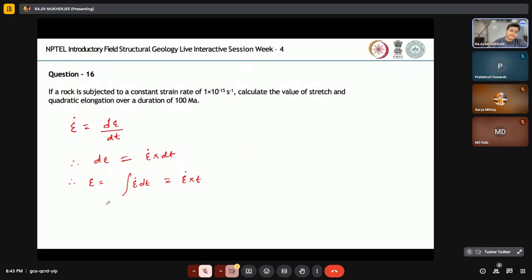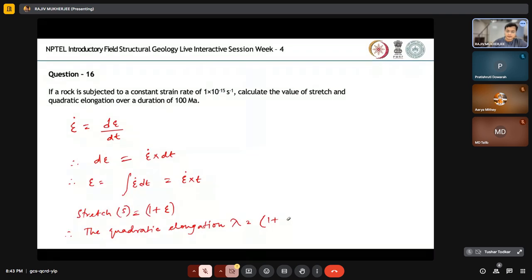If we know the total strain, we can calculate the stretch. The stretch is basically 1 plus epsilon, and then the quadratic elongation is 1 plus epsilon square.